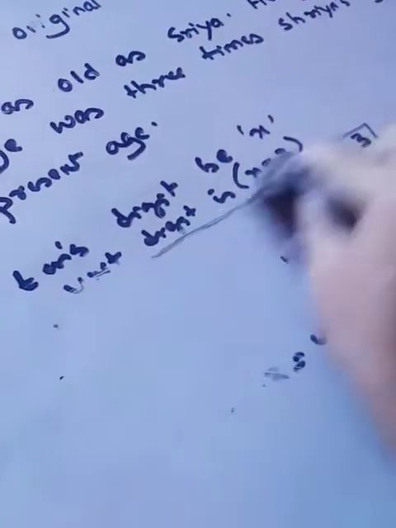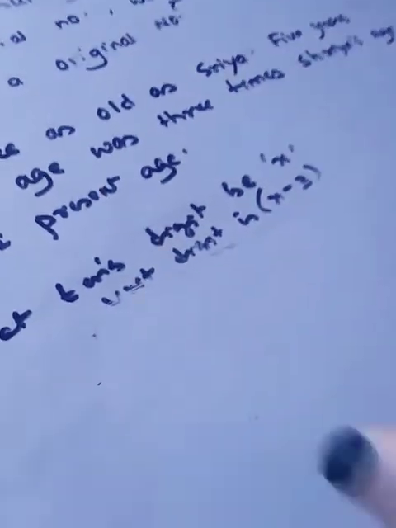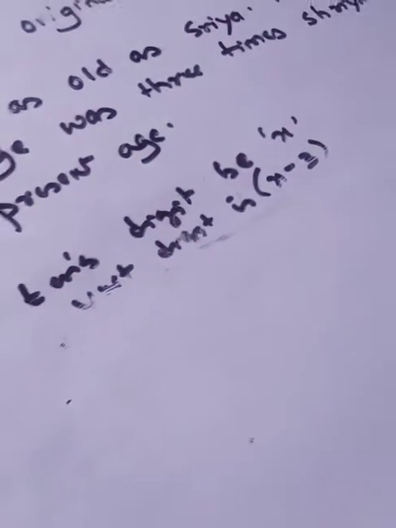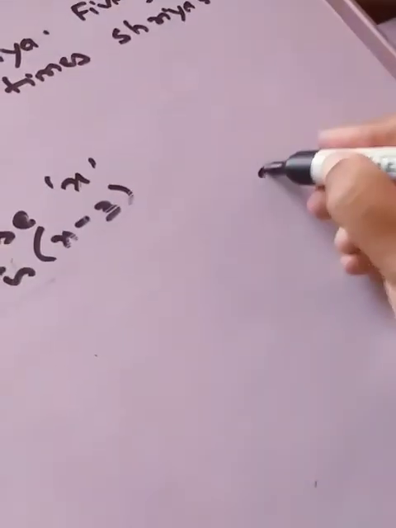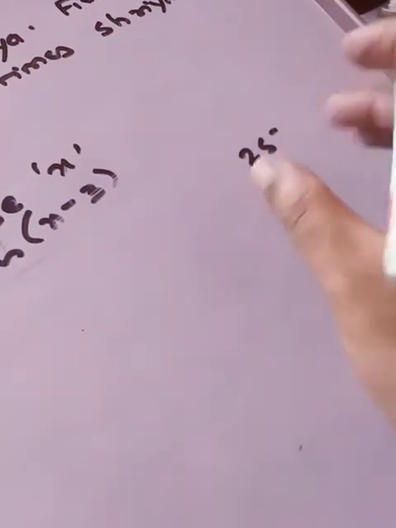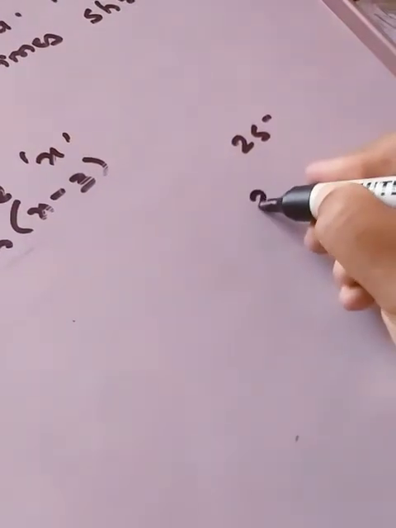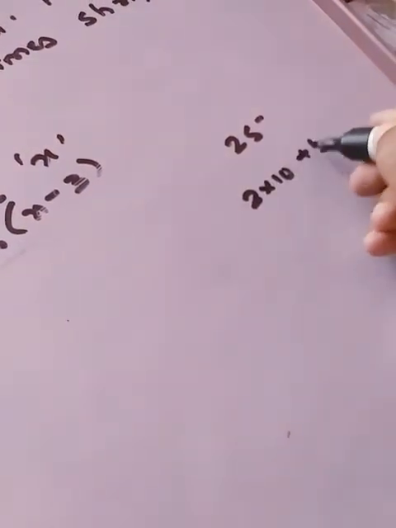Now let's move on to the second step of the sum. As we know the tens digit as x and the unit digit as x minus 3, how do we expand this? Suppose I write 25 and try to express it in expanded form. 2 means 2 into 10, and 5 means 5 into 1.